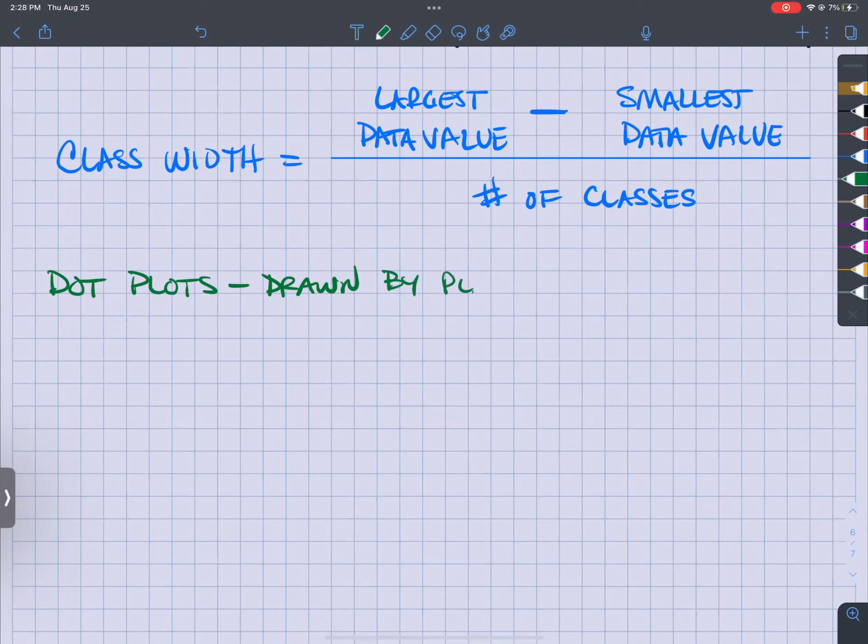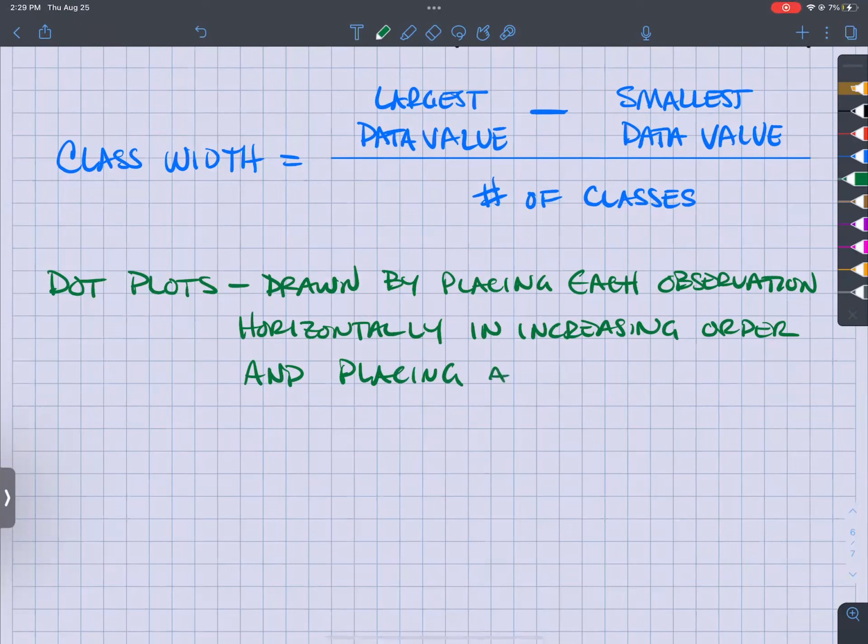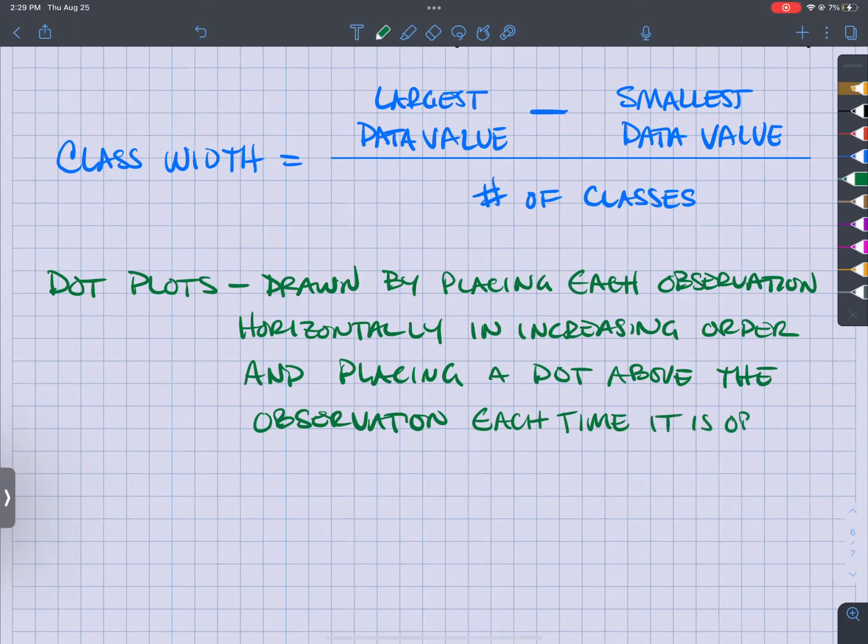Drawn by placing each observation horizontally in increasing order and placing a dot above the observation each time it is observed.